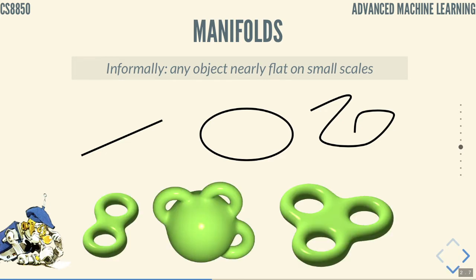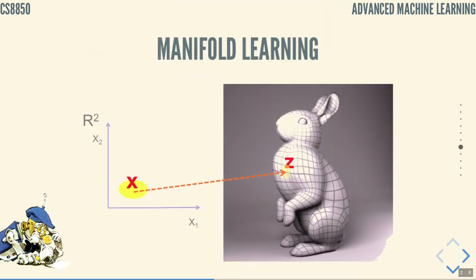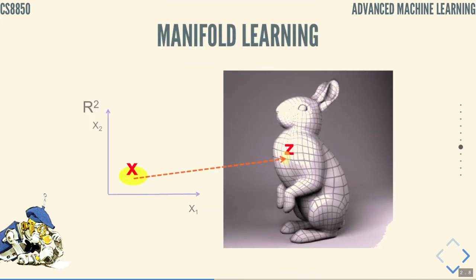For 3D, those are just a few examples of manifolds, but they could be anything as long as they're nearly flat at small scales. That's what I meant.